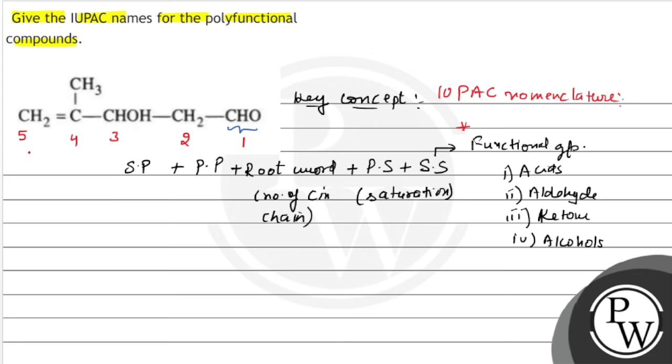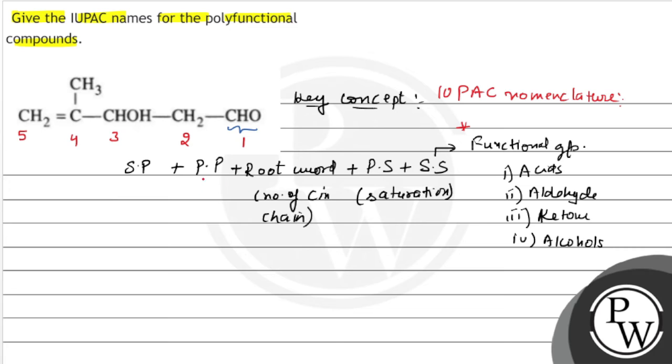And we have not numbered it from this side, because if we start numbering from this side, our aldehyde group will get the maximum number, or last or 5 number, which is against the lowest locant rule.